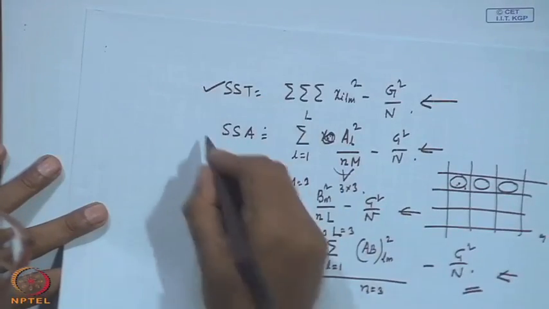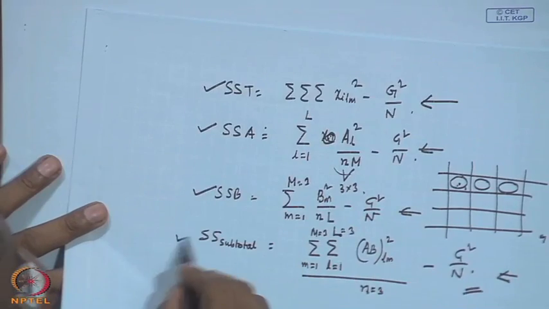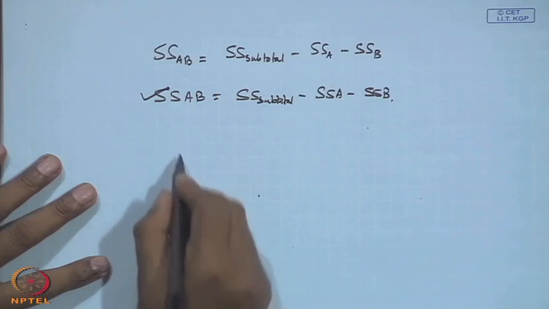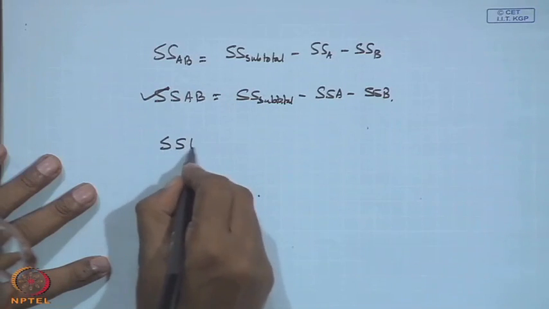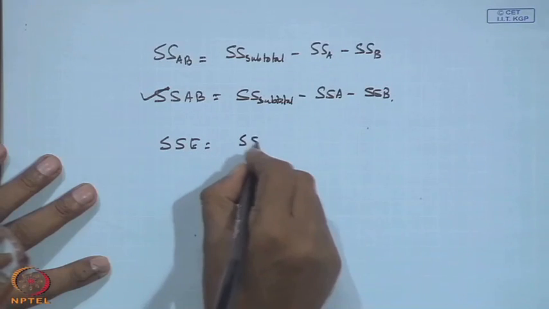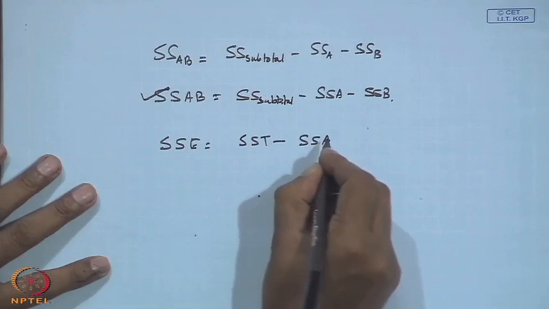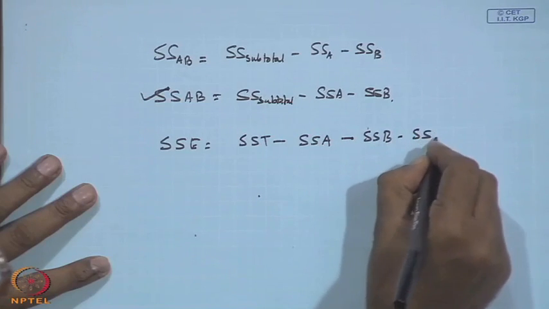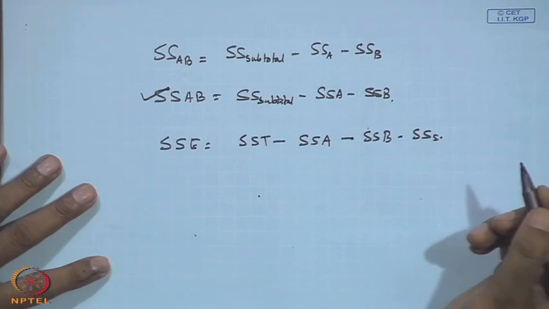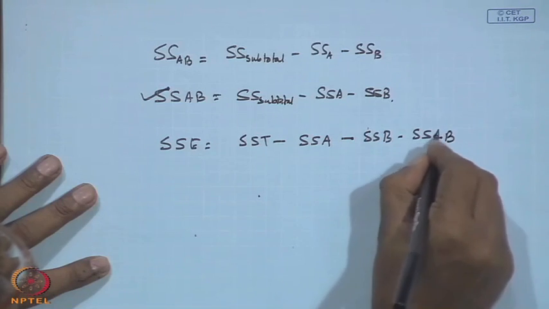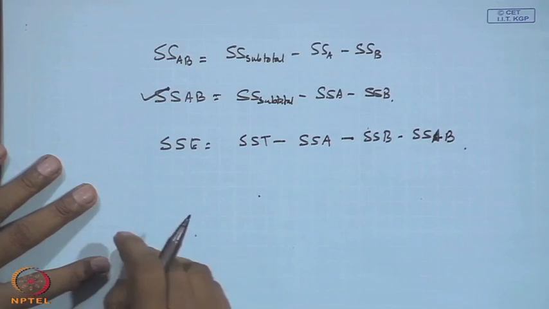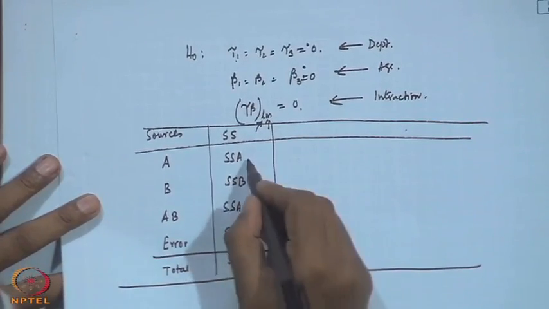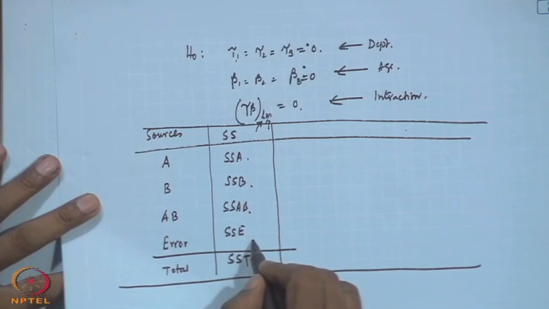So, what are the items you have now? You have SST, SSA, SSB, SS subtotal, and SSAB. What is required to be calculated now? SSE. SSE will be SST minus SSA minus SSB minus SSAB, because the total is SSA, SSB, SSAB, SSE, SST.